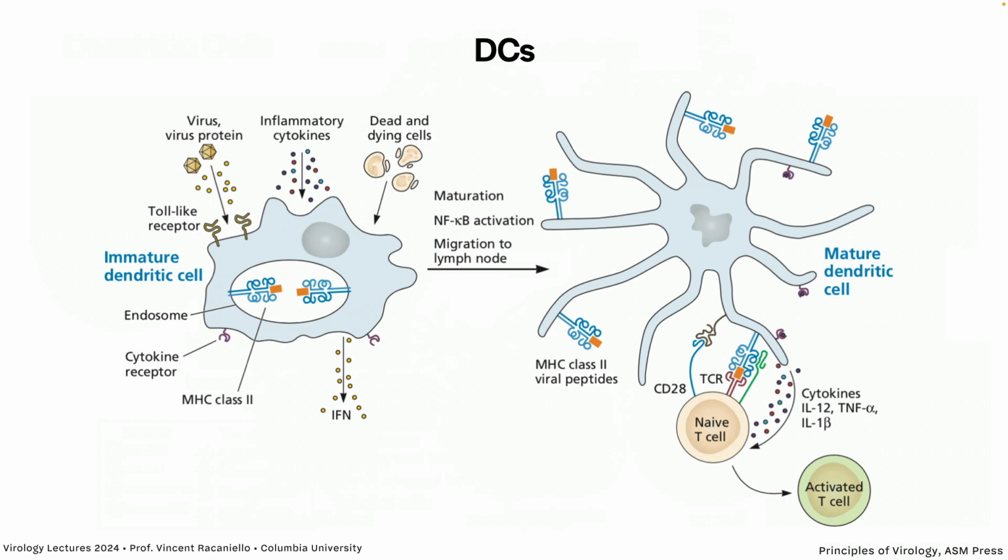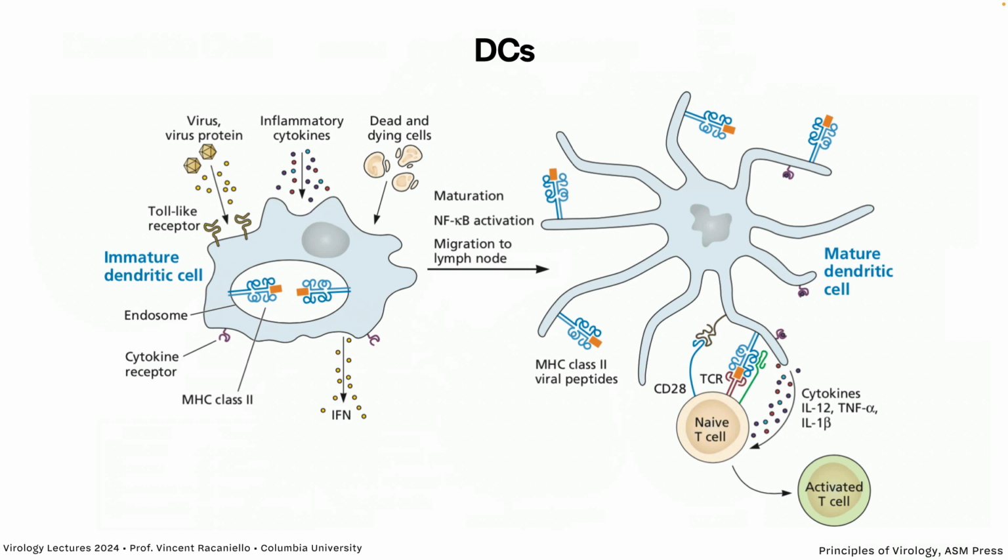So the DC takes up viruses, virus proteins, dead and dying cells produced by apoptosis. They're also turned on by cytokines produced by the infected cells. And all of this interaction causes them to mature. So what does that mean? Well, the morphology of the DC changes, as you can see, but now MHC2 is on the cell surface, the plasma membrane.